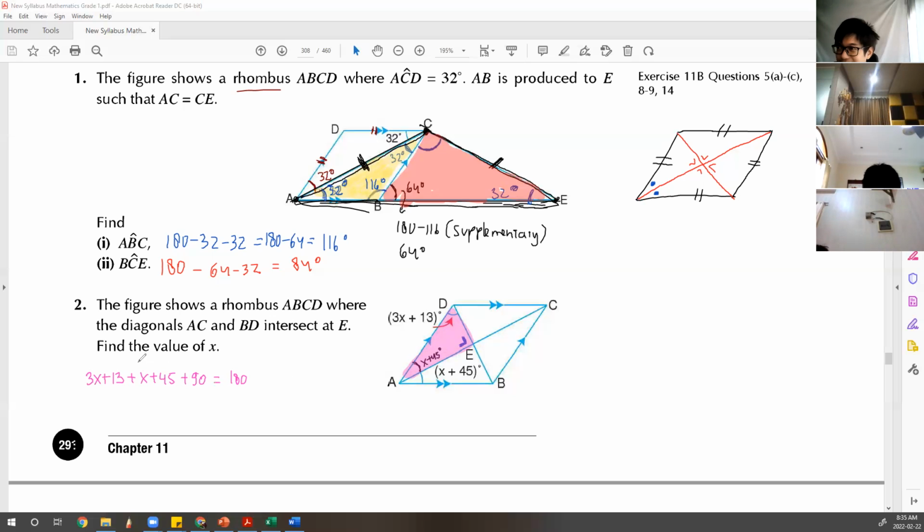So you can just write neatly, 3x plus x is 4x. 13, 45, 90, 148 equals 180. So 4x equals 180 subtract 148, 32.